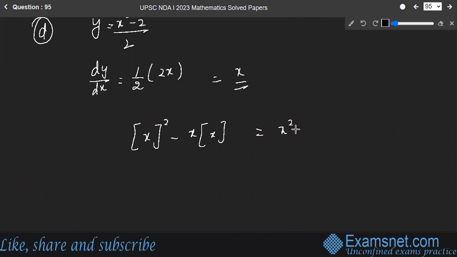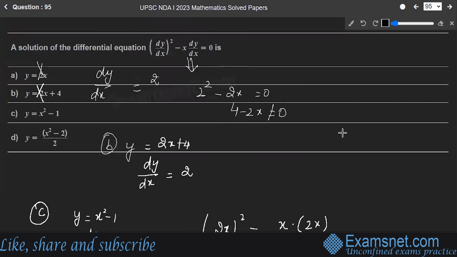That is 0, of course. So option D is our answer. This is the correct answer. If I had found the integrals, it would have taken a lot of time. So the better approach was to try all the options one by one.